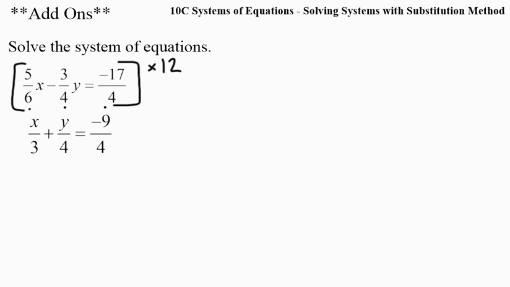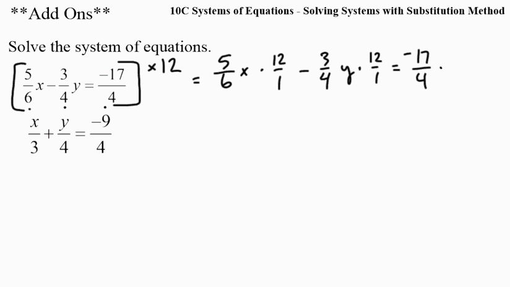If you recall, that means we would have 5/6 x times 12 over 1, subtract 3/4 y times 12 over 1, and that would equal negative 17/4 times 12 over 1. And this would allow us, 6 and 12 will cancel by 6, a 1 and a 2. We're left with 10x.